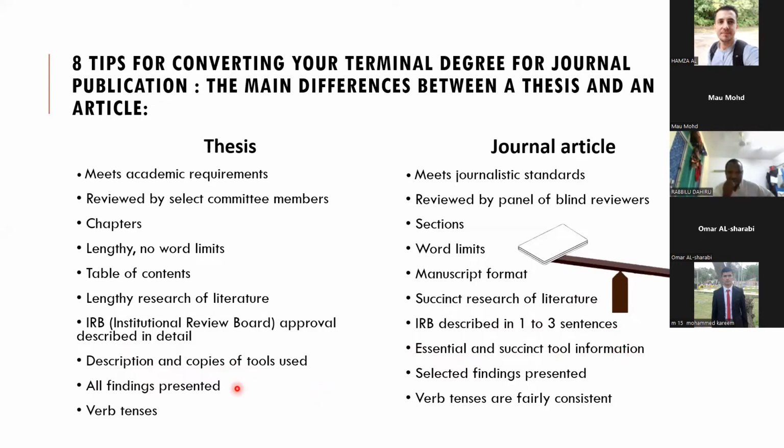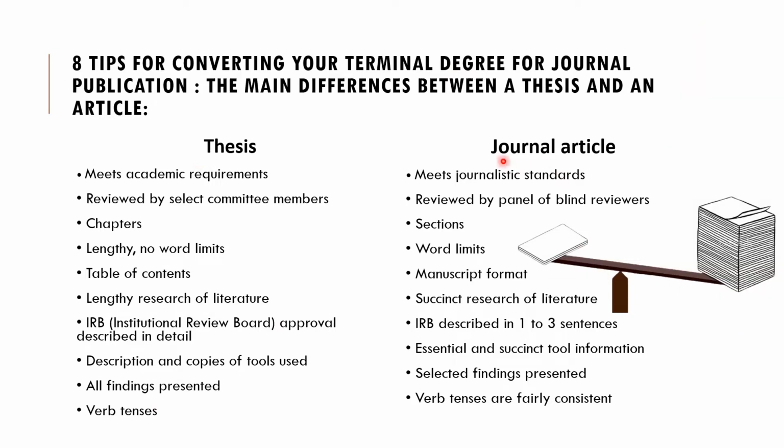In the thesis, all findings are presented in chapter 5. That's why we have that chapter: you go into detail talking about your results and your findings. You need to present all of them in the thesis, but you cannot do this in the journal article. In the journal article, you need to select findings to present.